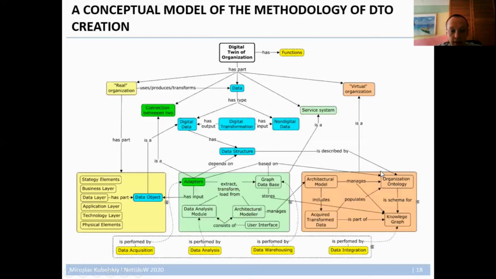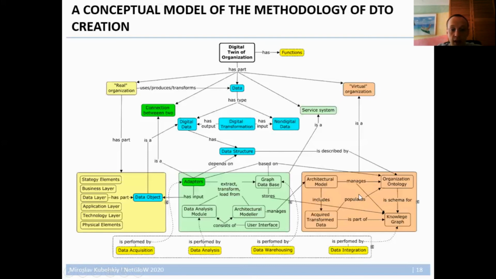The enterprise ontology serves as a description of the global scheme for the knowledge graph, and it can play the role of a global data structure of the enterprise.